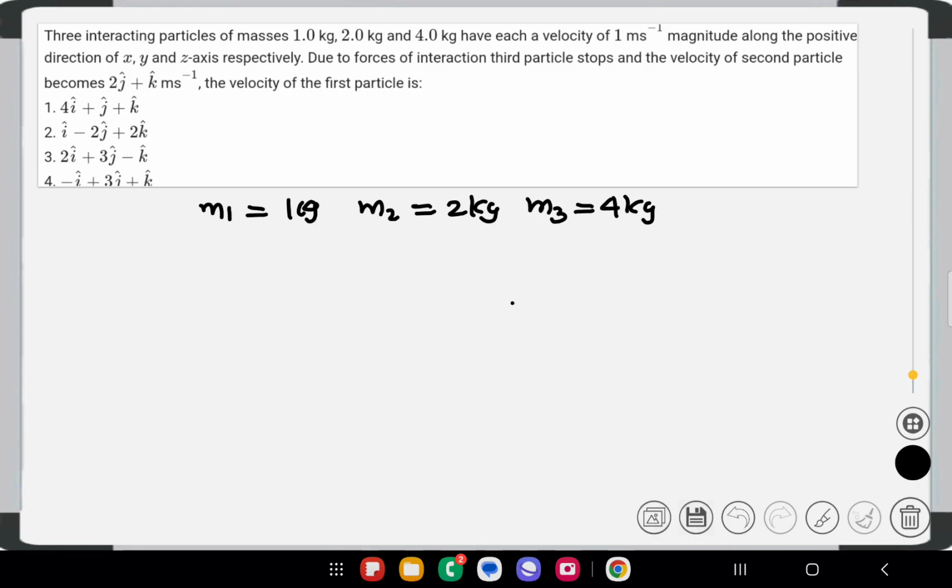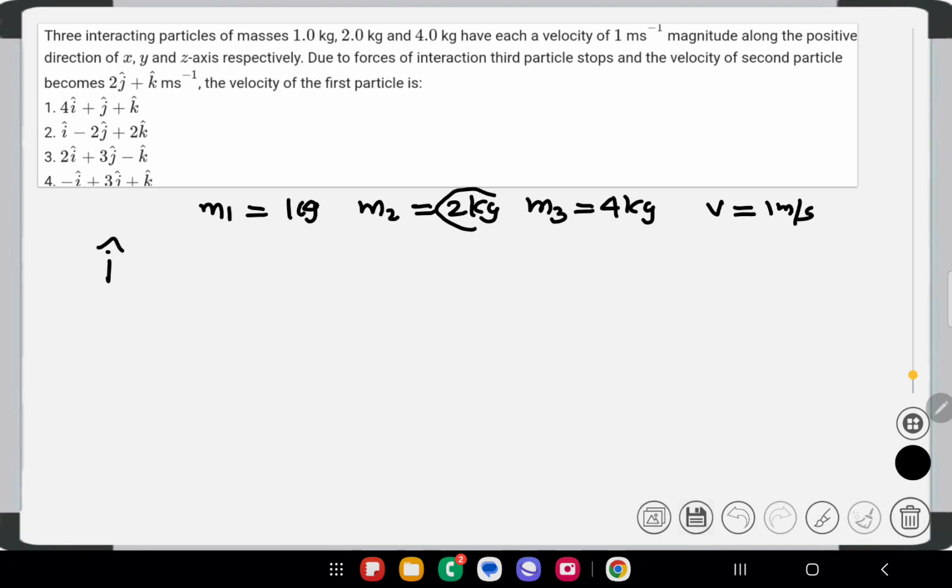So the three particles are moving with equal velocity. The velocity of all the particles is 1 meter per second. The first particle has mass 1 kilogram. Its velocity is 1 meter per second. So its momentum is 1 into 1, 1, and the direction is along x direction. So the momentum is 1 i cap.